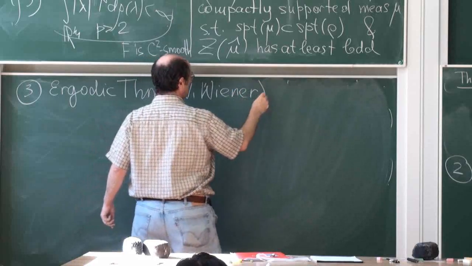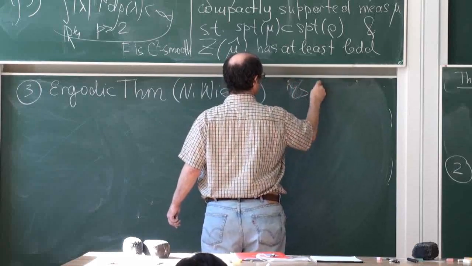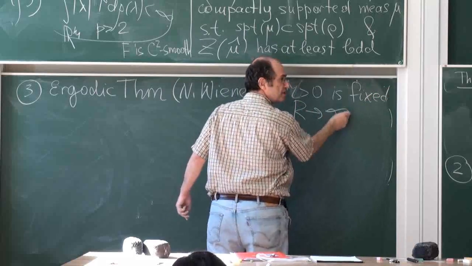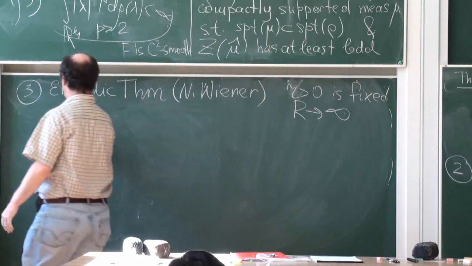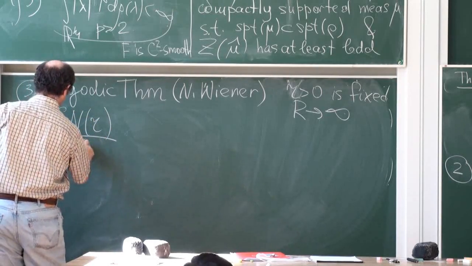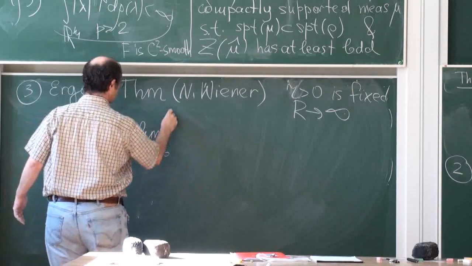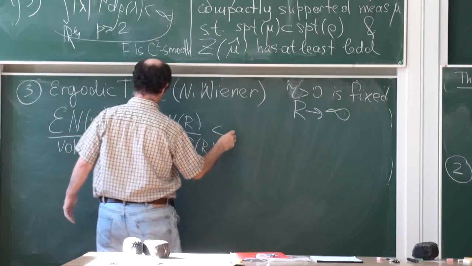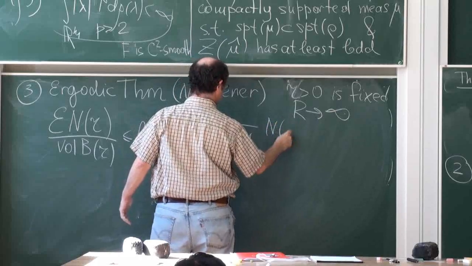Wiener in this case, which says that for each, so we keep rho, we keep small r fixed, capital R tends to infinity, and we know that expectation of this guy over the volume is less or equal than the lower limit when R goes to infinity for our quantity, is less or equal than the upper limit when R goes to infinity of this quantity.